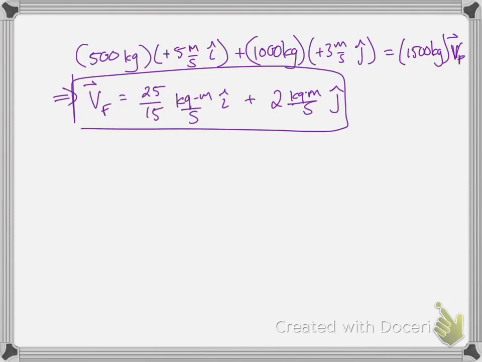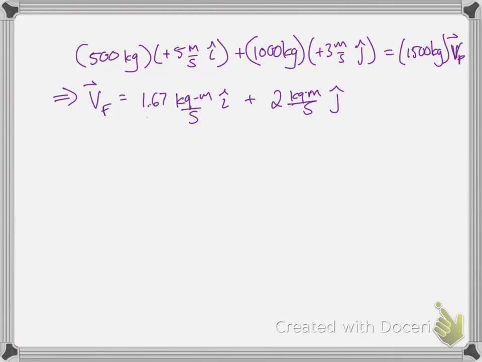Okay, so it's 1.67 kilogram meters per second I plus 2 kilogram meters per second J. Okay, so then remember the units of momentum are kilogram meters per second. If we're using MKS units, these all work out.